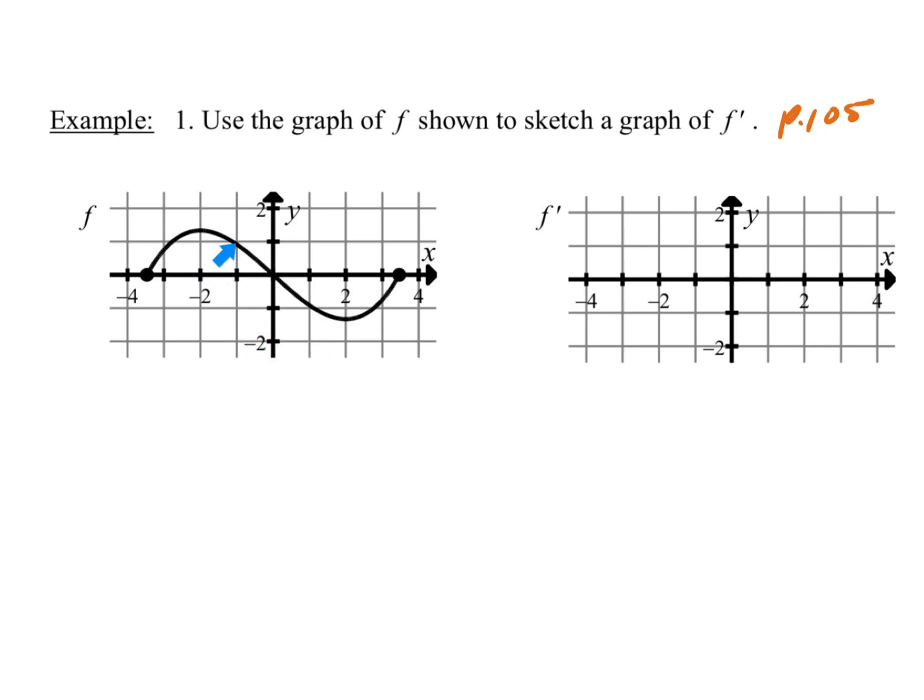What degree could this function be? Could it be a linear function? No, so it's not one. Could it be a quadratic? What's a quadratic look like? Yeah, a parabola, right? Could this be a cubic function, degree 3?